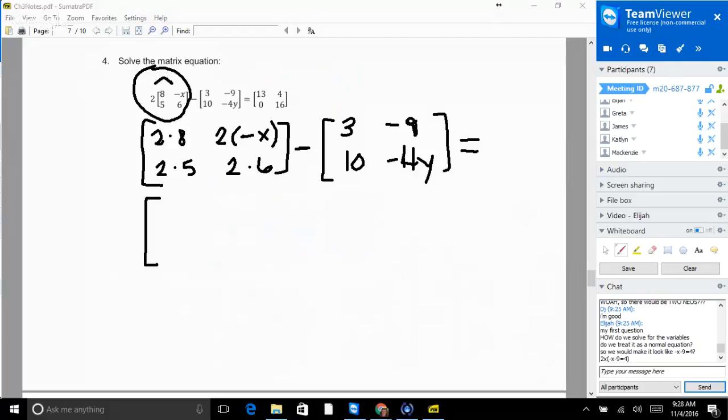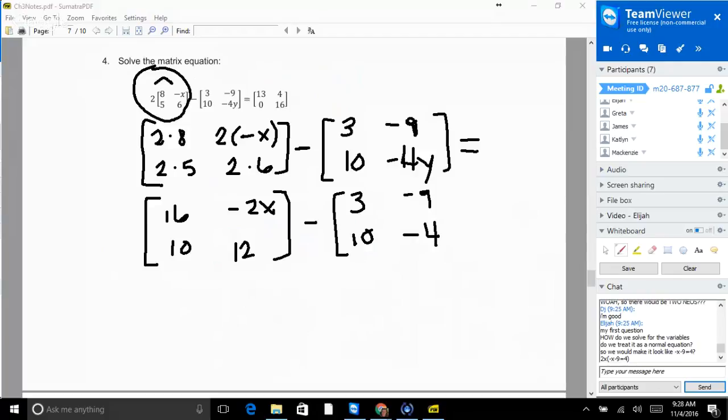So let's simplify this, okay? We've got 2 times 8, that's 16. We've got 2 times negative x, so it's negative 2x. 2 times 5 is 10. And 2 times 6 is 12. Okay, so now we have these 2 matrices that are being subtracted.